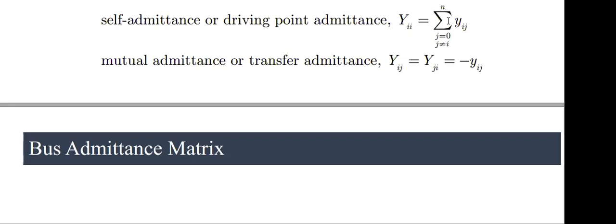Then Y, small y i j. Write these two equations in your paper. One for self-admittance or driving point admittance, another one for mutual admittance or transfer admittance. This is the generalized equation. Have you written this equation in your paper?